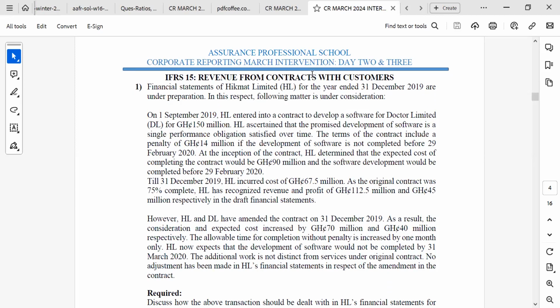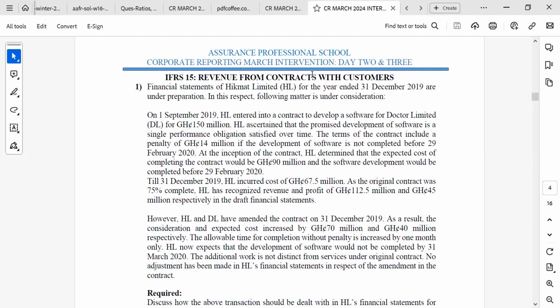The financial statements of Hikmat Limited for the year ended 31 December 2019 are under preparation. In this respect, the following matter is under consideration. On 1 September 2019, HL entered into a contract to develop a software for DL Limited for 150 million. The promised development of software is a single performance obligation satisfied over time.